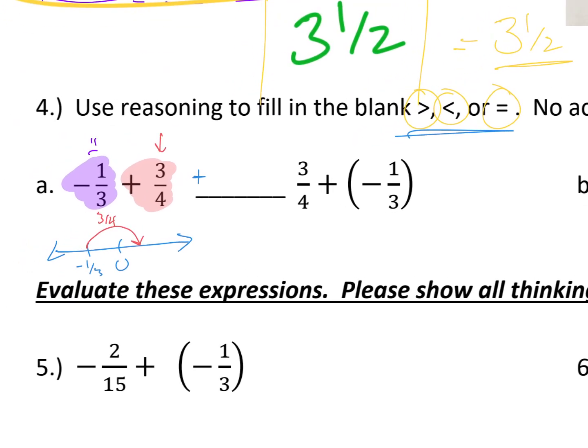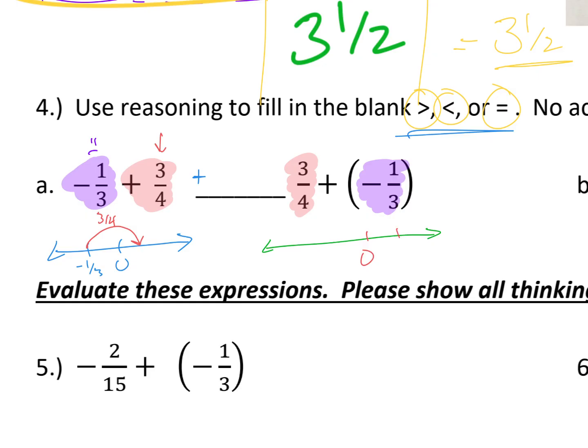Let's take a look at this. All right, so here's negative 1/3, just like we had here, right? Here is positive 3/4, just like we had here. They're being combined the same exact way. It's just that they start like this on the number line. Boom, hang on.